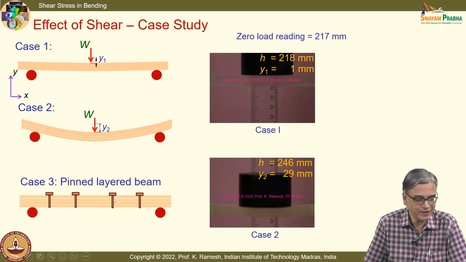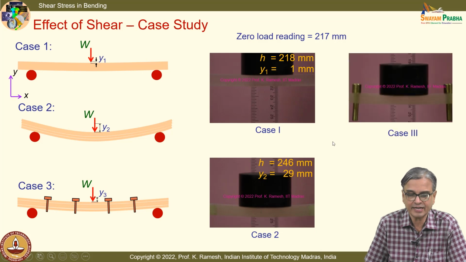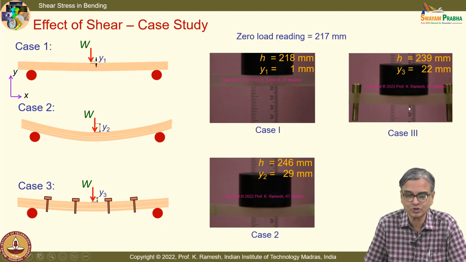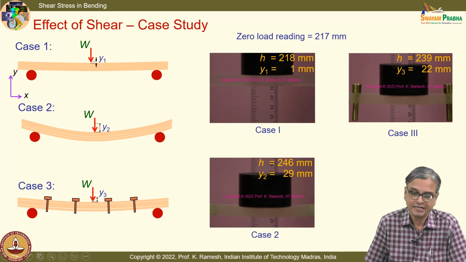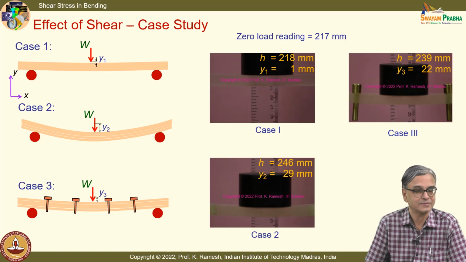Let us see if I pin them, what happens? That means I am restraining it. Okay. And when you find this, the deflection is 239 millimeter. These are all very carefully done photography, because if you look at this, it's not just the figure is shown, you also see the reading from the scale to convince you.